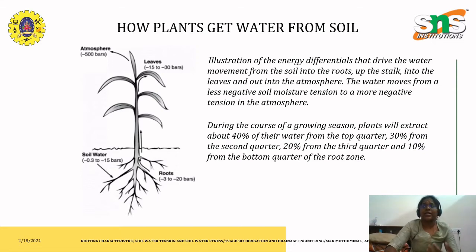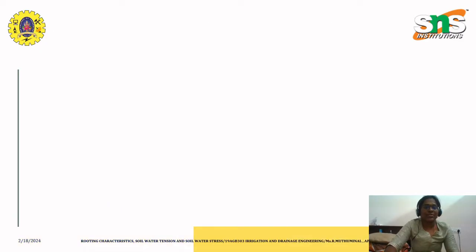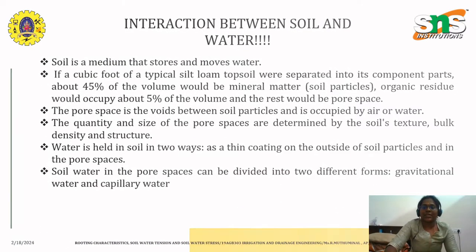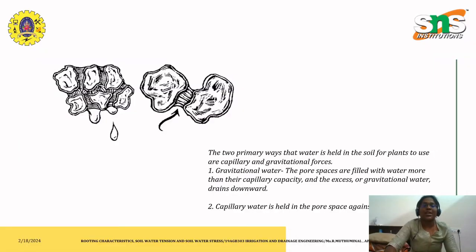As I have said, among the 100%, only 50% of the water gets held up as capillary water. Two forces act upon it: one is a capillary force and the other is a gravitational force. The capillary force acts against the force of gravity, and it holds water in the pore space. The water held in the pore space is represented as capillary water.